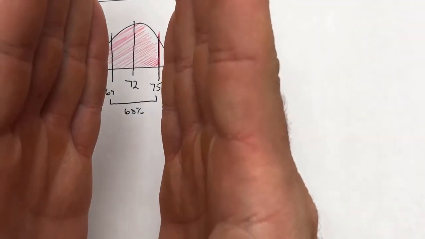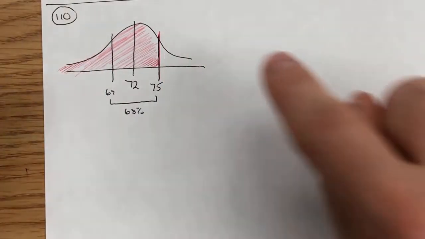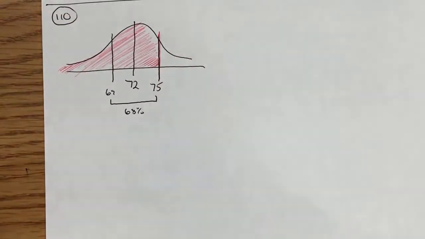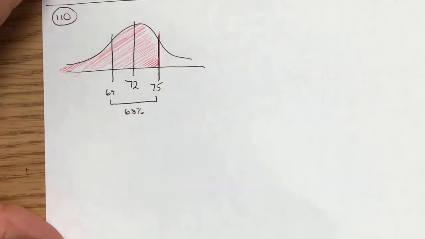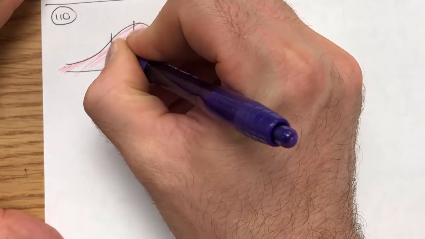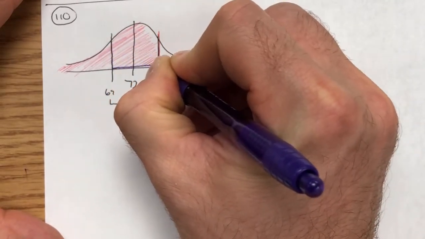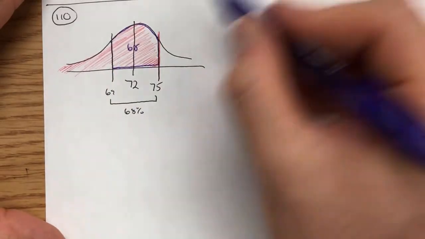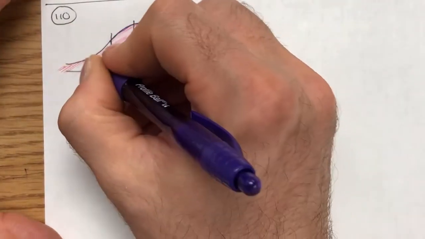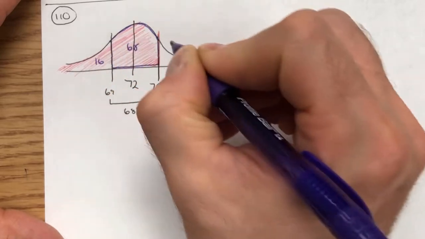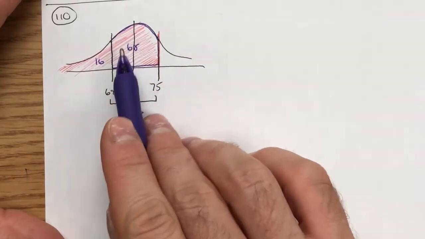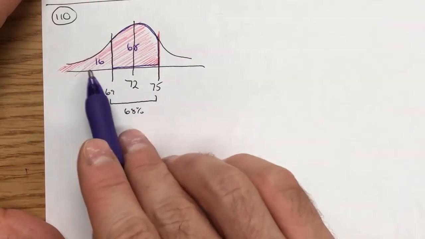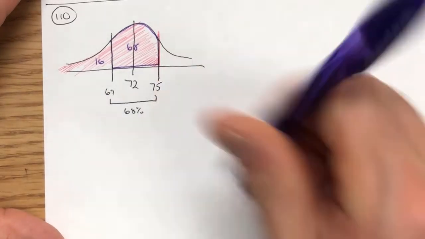If 68% score between these two brackets, then 32% score outside, so 16% in each tail. So I have 68% here and 16% over here.